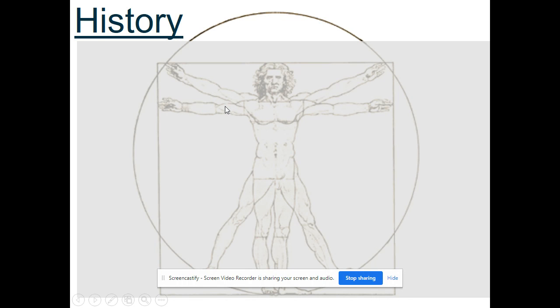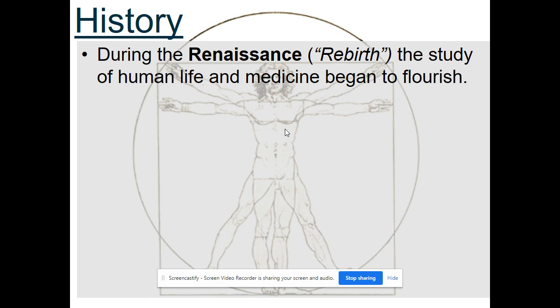A little history here. I'm not going to play this video, but you're welcome to play it if you want to open the PowerPoint up. A little background on just medicine in general. Real medicine, the practice of medicine, really got started more so in the Renaissance period.